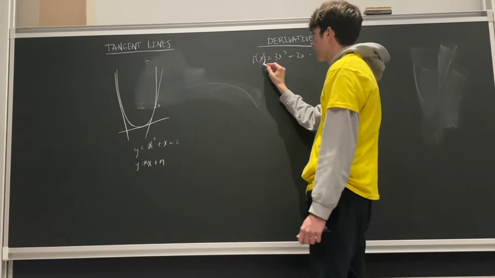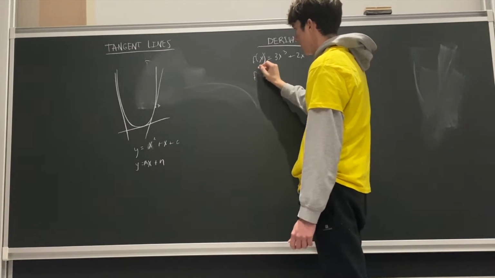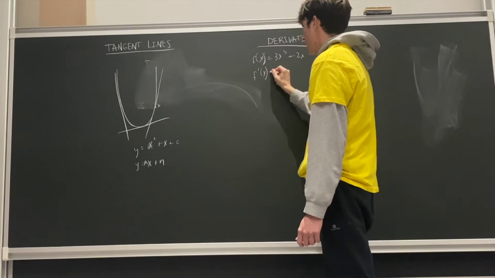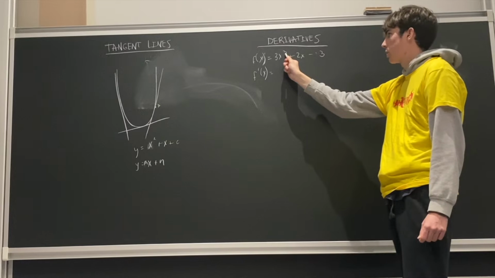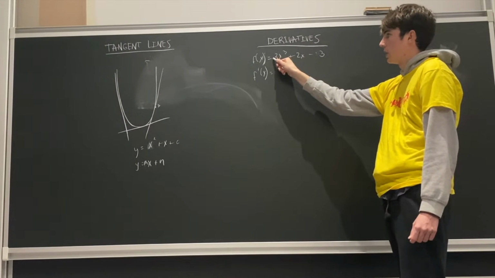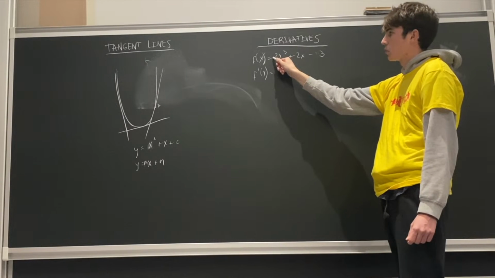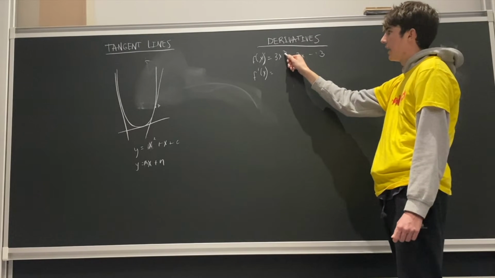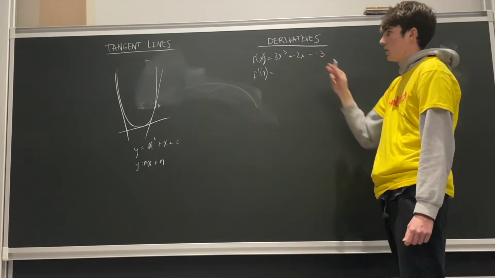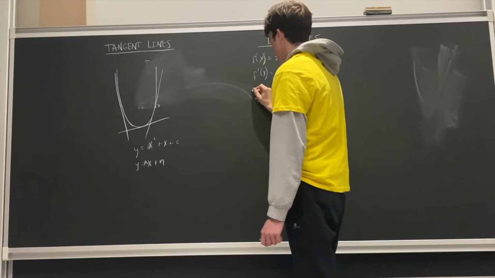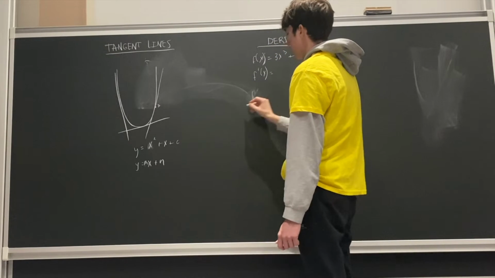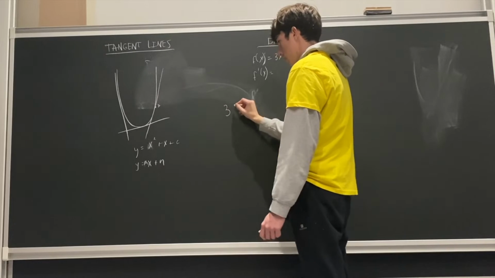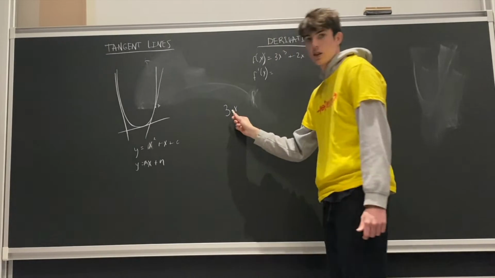So for f of x, in order to find the derivative, this is the notation for it. We're going to take the power, put it down, and multiply it by whatever was before, and then we're going to subtract 1. So for 3x^3, we get the 3, and the x stays the same.